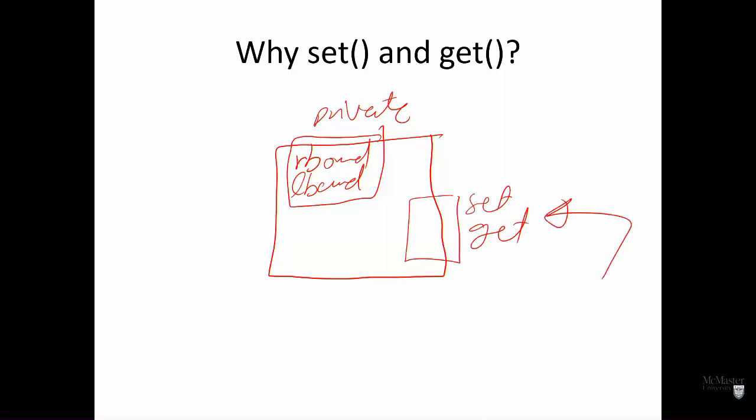Only access through the set and get. So yes, the user is still able to have access to these two variables. So from a security point of view, I actually didn't do much. But there is another benefit for this that the video didn't discuss.